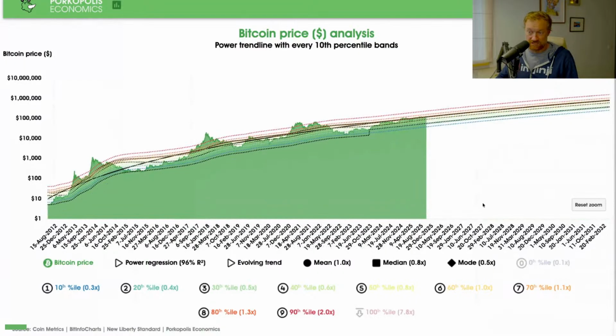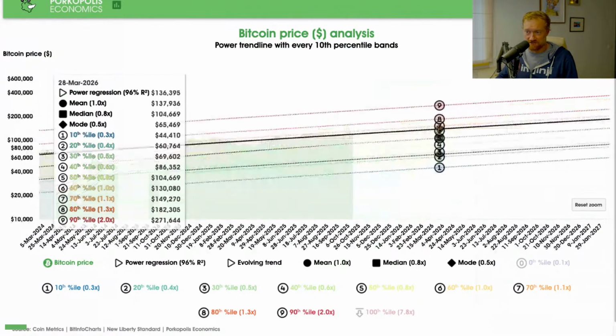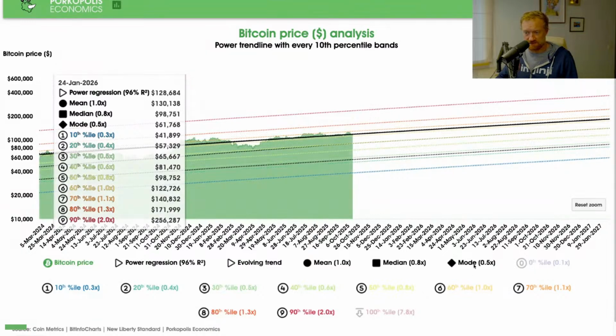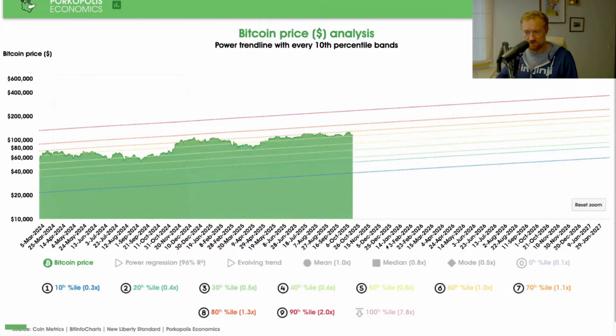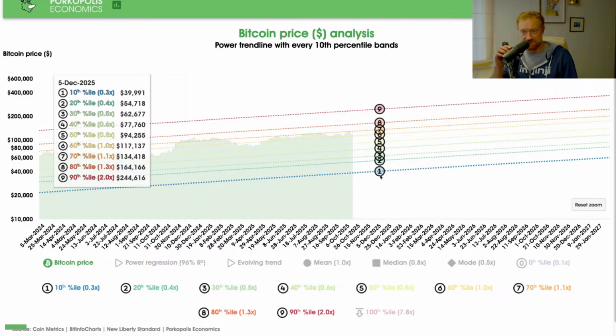All right. Which can have huge variations, by the way. I mean, let's just look. We've done this analysis before. Between the 1 and the 9 here, you have $40,000 Bitcoin by the end of the year and $250,000 Bitcoin. That's quite a delta.